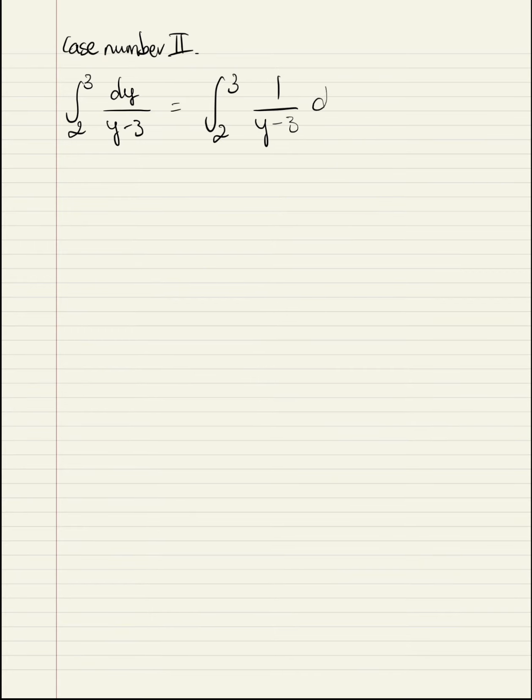so for case number 2, the given function, for example, is the integral from 2 to 3 of dy over y minus 3, or this one is from 2 to 3 of 1 over y minus 3 dy.